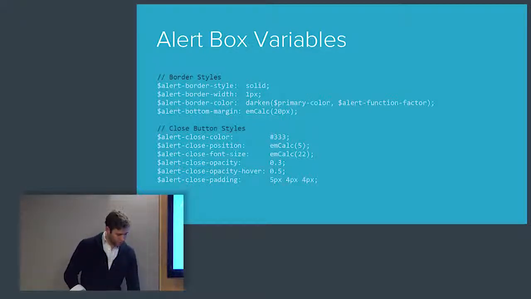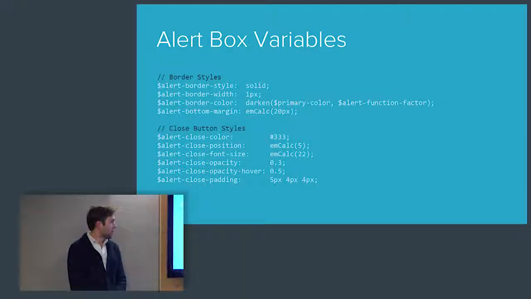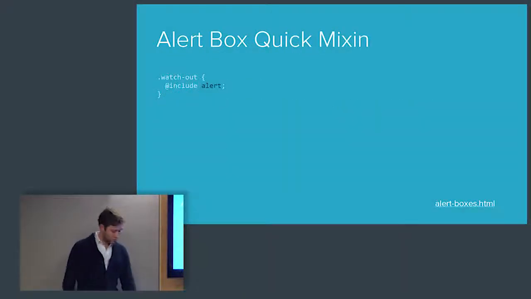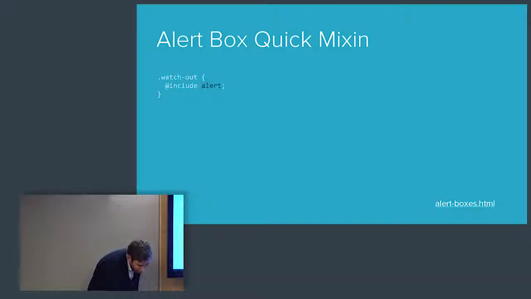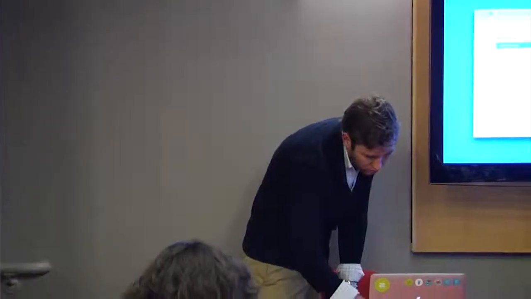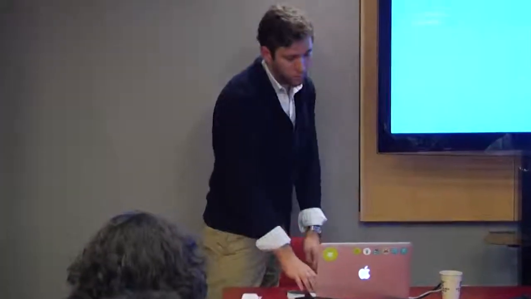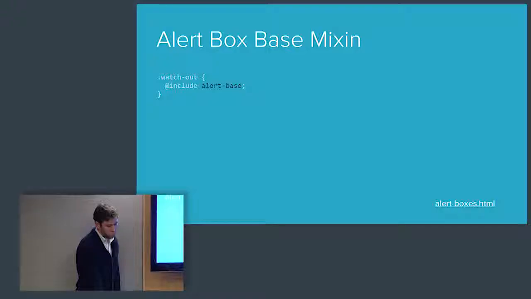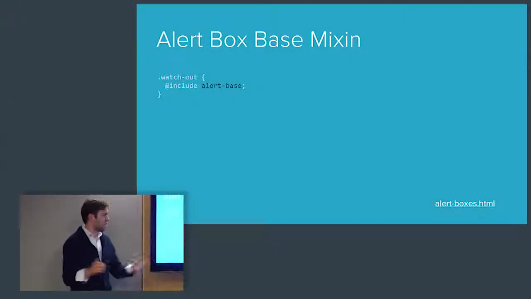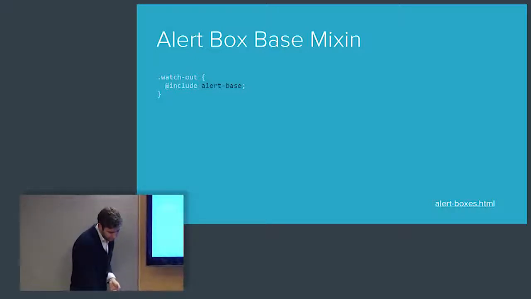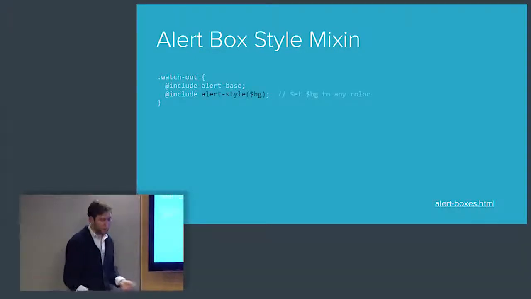And to style an alert box, again, we just pass the alert mixin, and that gives us this guy here. We can also just build it from the base. So include the alert box base, and that'll just give us the outline and some text. And then we can style the background color from there.